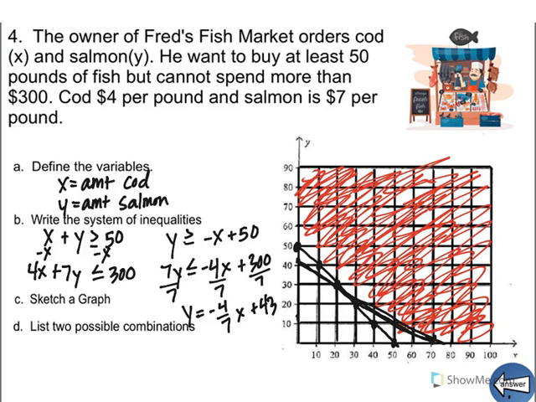This would also be solid. Try to get my line as accurate as possible. Okay, this would be less than or equal, and so because it's less than or equal, I would want to shade everything below this line.